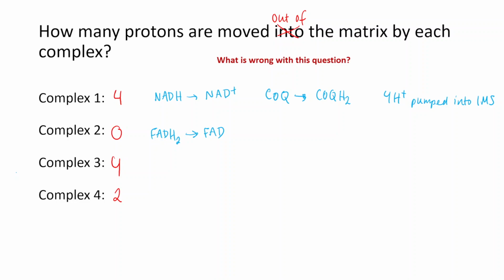Yes, same thing, exactly. So those 2 electrons are getting passed off to a coenzyme Q, and they are reducing it to CoQH2. And what is happening in terms of protons? Yeah, nothing. There are no protons moving.